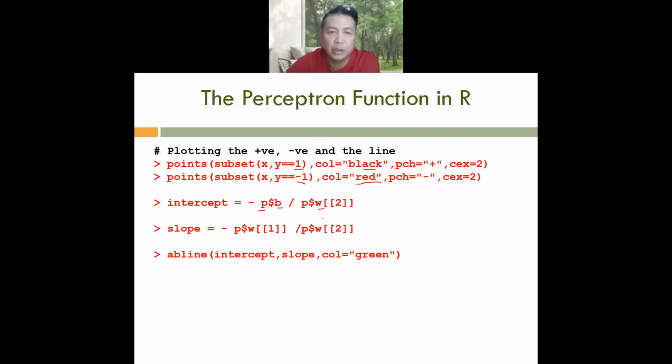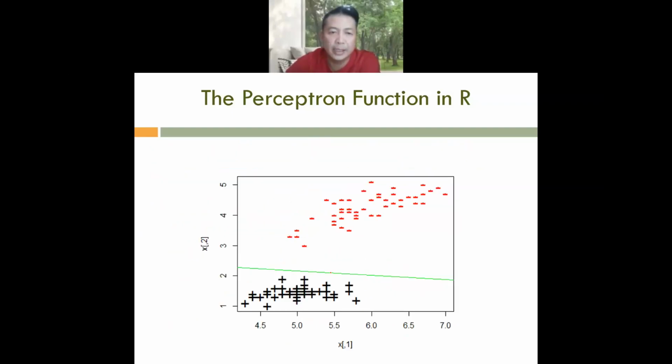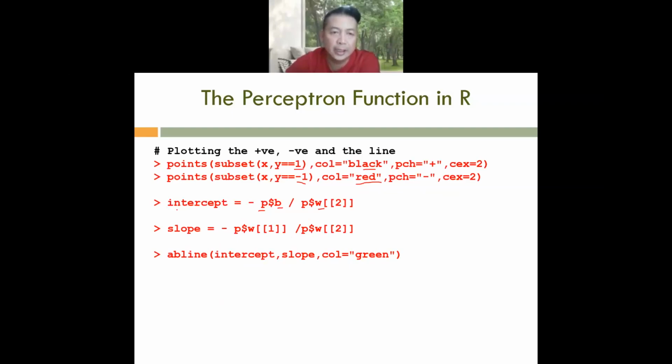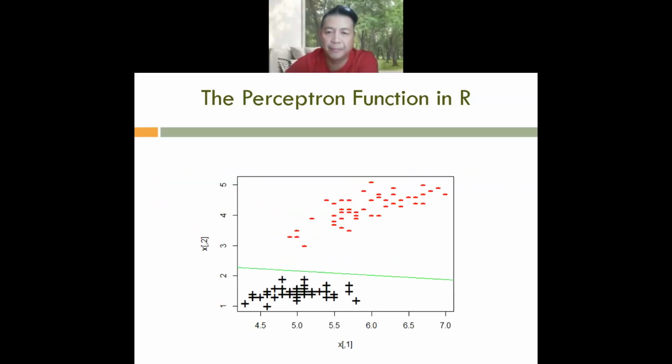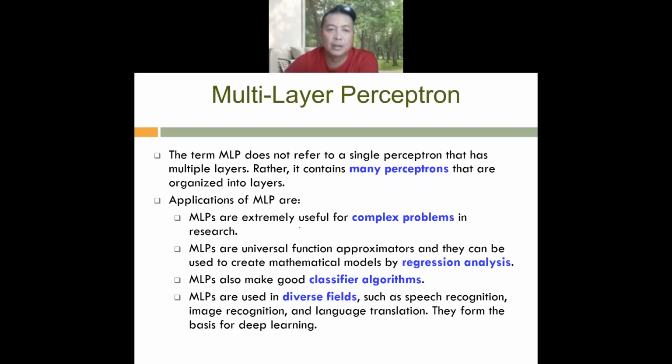So we are looking at the B and also the W in order to draw the line. So this is the intercept and this is the slope. This is the weightage for individual item that we have. And this is just drawing the line that we have here.